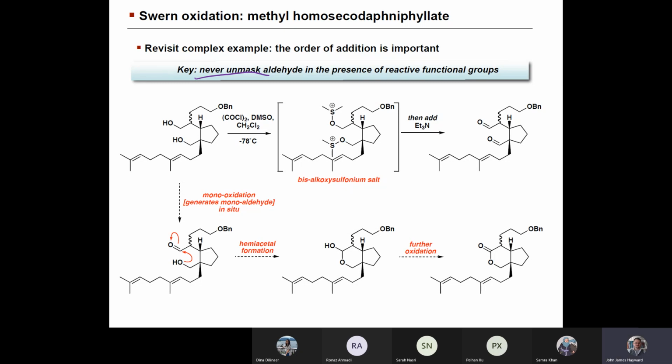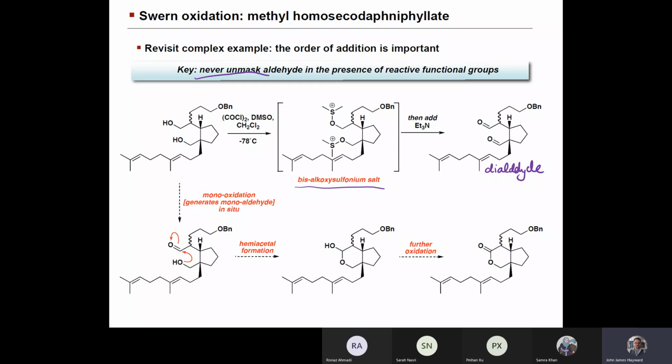So, if we use our Swern reaction, we use 2 equivalents of DMSO, 2 equivalents of oxalyl chloride, and we generate the bis alkoxysulfonium salt here. Then you add the triethylamine and you undergo a bis oxidation at the same time. So we get the desired dialdehyde.